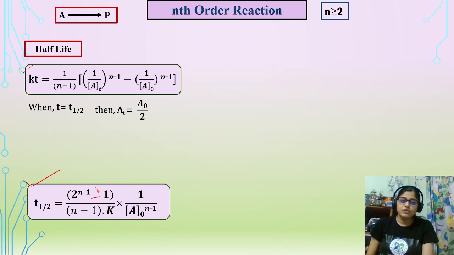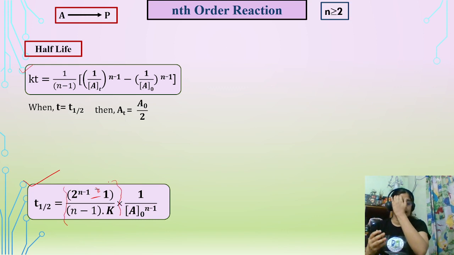Okay, so sometimes in the questions this first part is not very important, because it will cancel out if you are given two t-half values and the A0 values are different. So only the whole formula is important, I know, but you must remember 1 by A0 to the power n minus 1.